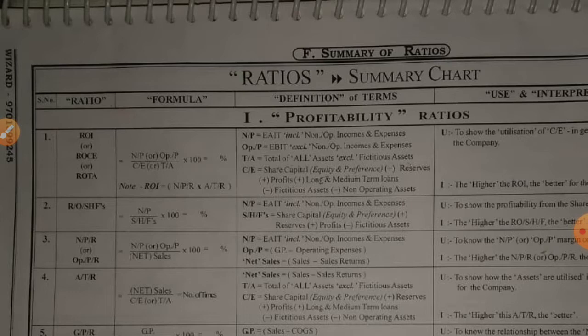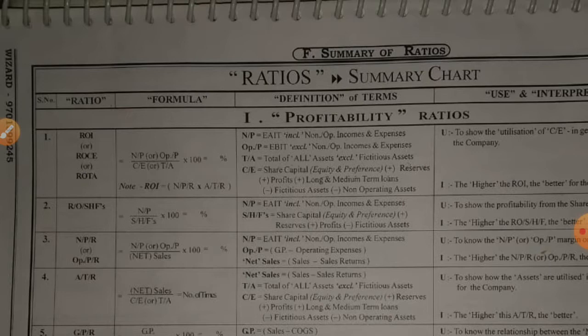In case of return on investment, return on capital employed, or return on equity or return on shareholders' fund, in all these cases net profit or operating profit will be your numerator.